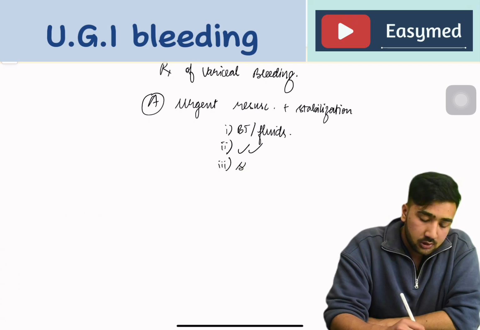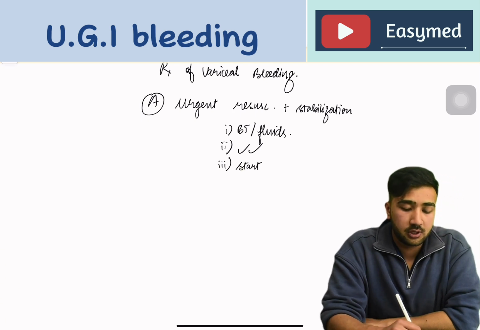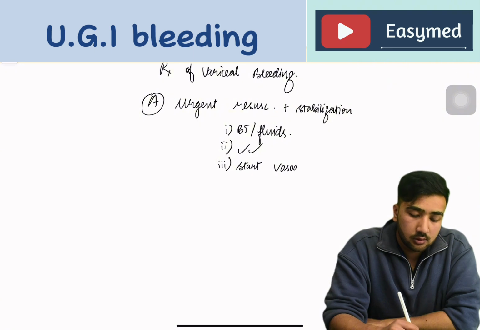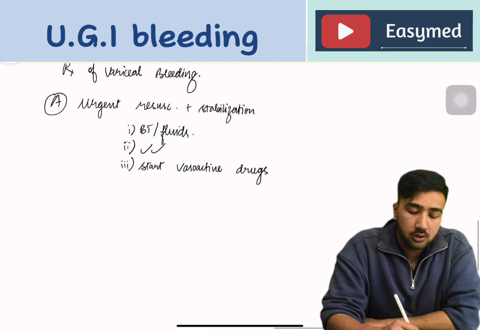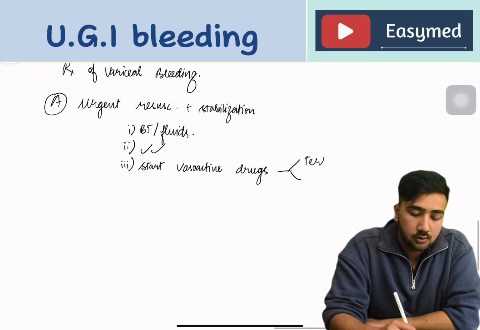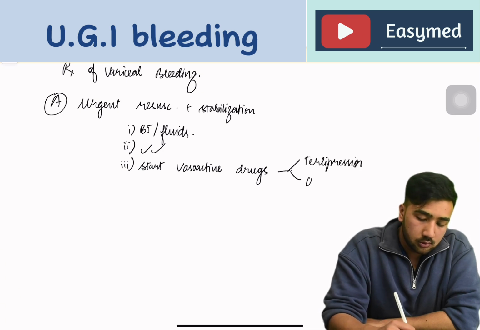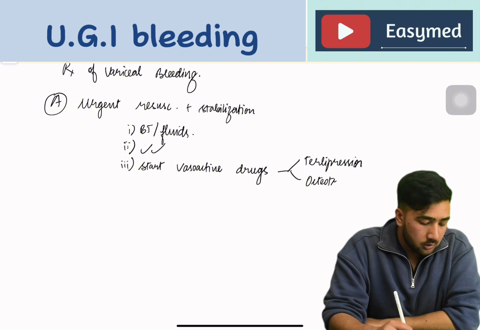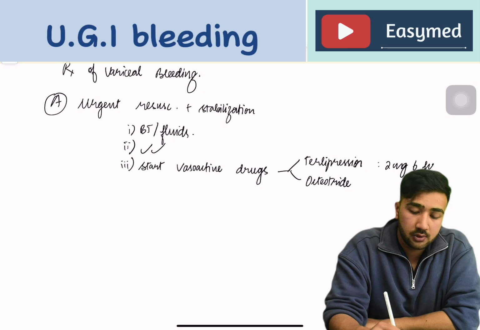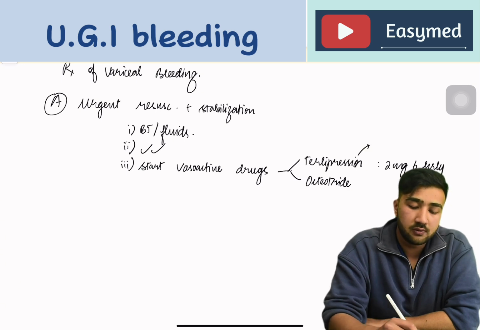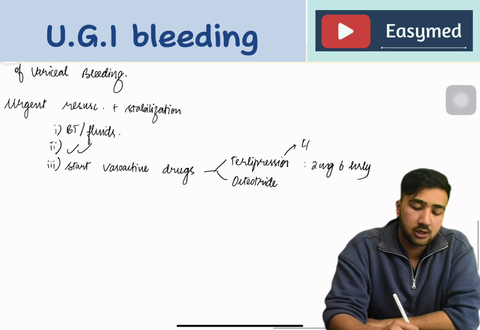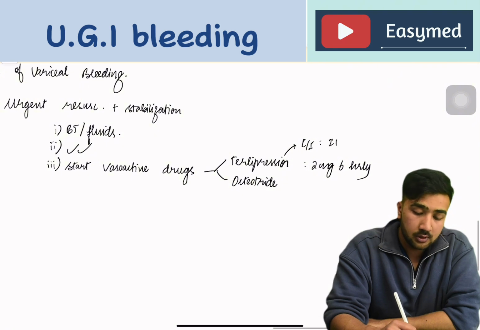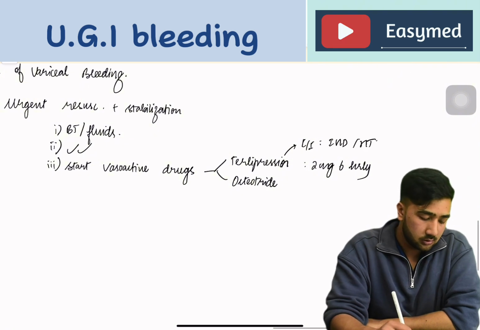And the most important drugs in case of variceal UGI bleeding are the vasoactive drugs. In vasoactive drugs, usually there are two. They are terlipressin and octreotide. The dose of terlipressin is 2 mg 6 hourly, but as it is a very potent vasoconstrictor, it is contraindicated in case of ischemic heart disease and hypertension.